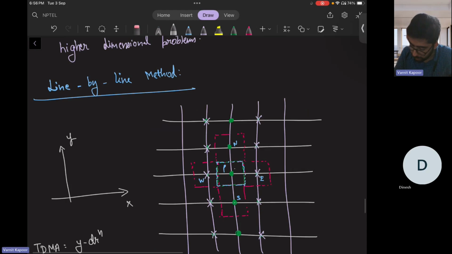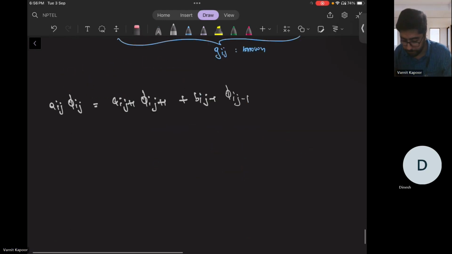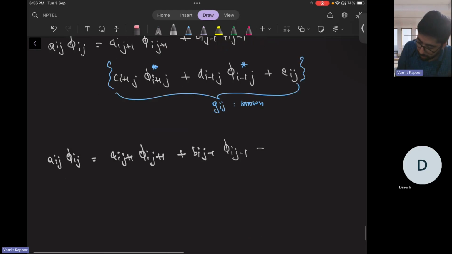If this is i, this is i plus 1, i minus 1, comma j. You don't know the values of i, j minus 1 and i, j plus 1, but you know the values of i minus 1, j and i plus 1, j, and you will put them here in Gij.